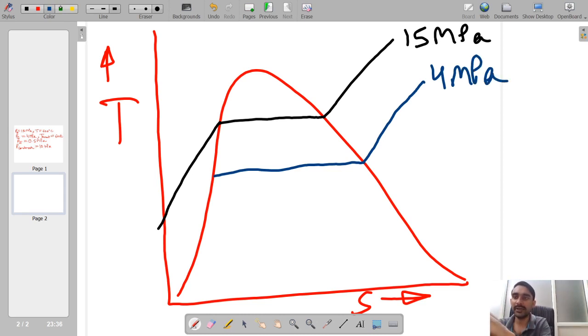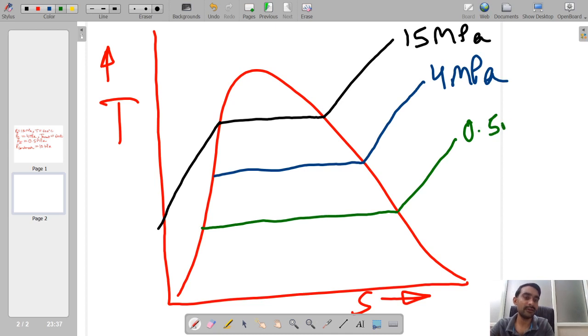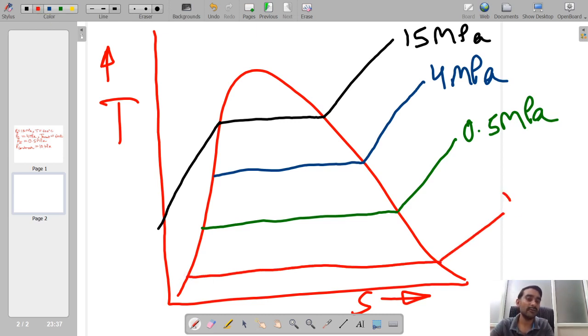Okay, then we are having one more line at a pressure of 0.5 megapascals, and then at the end we are having the last line, which is nothing but corresponding to our condenser pressure, and that is having a pressure of 10 kilopascals. Okay, so these are the different pressure lines in this cycle.